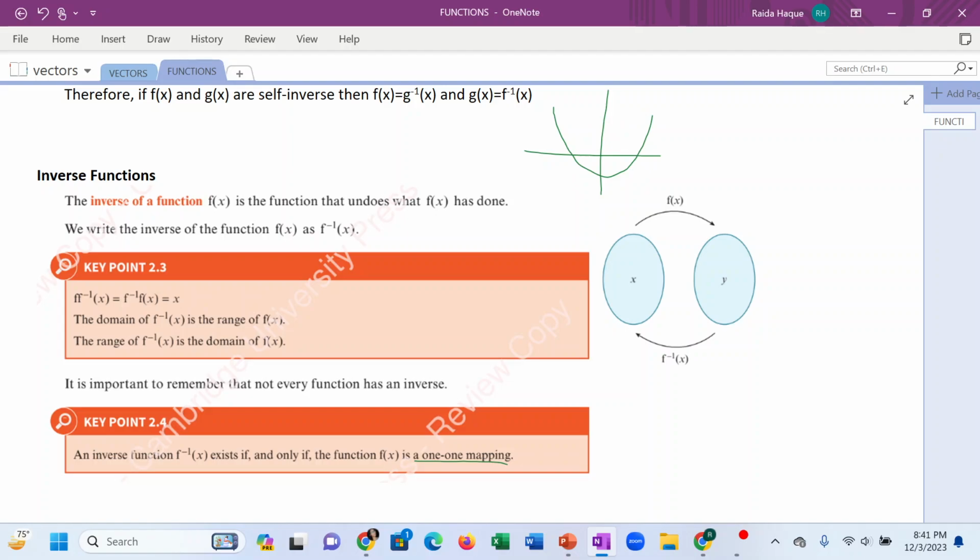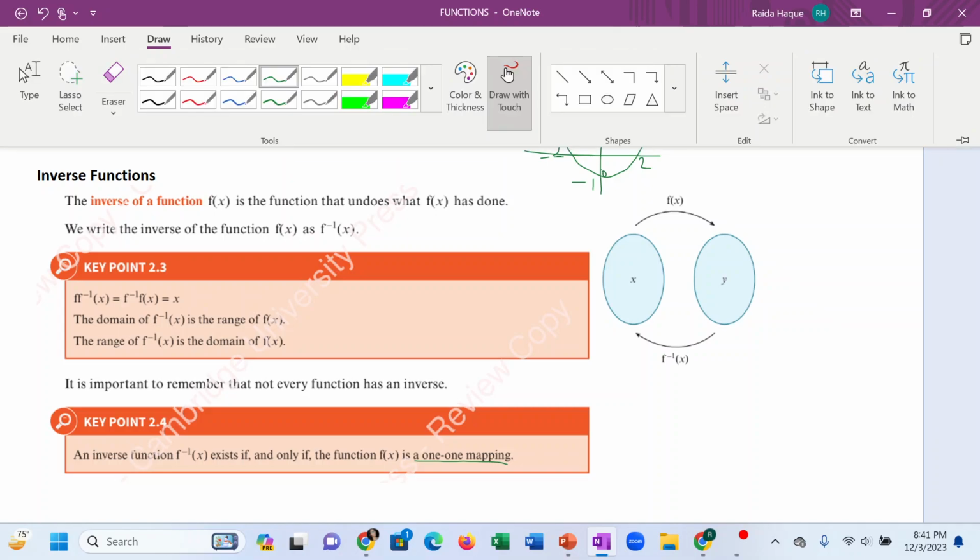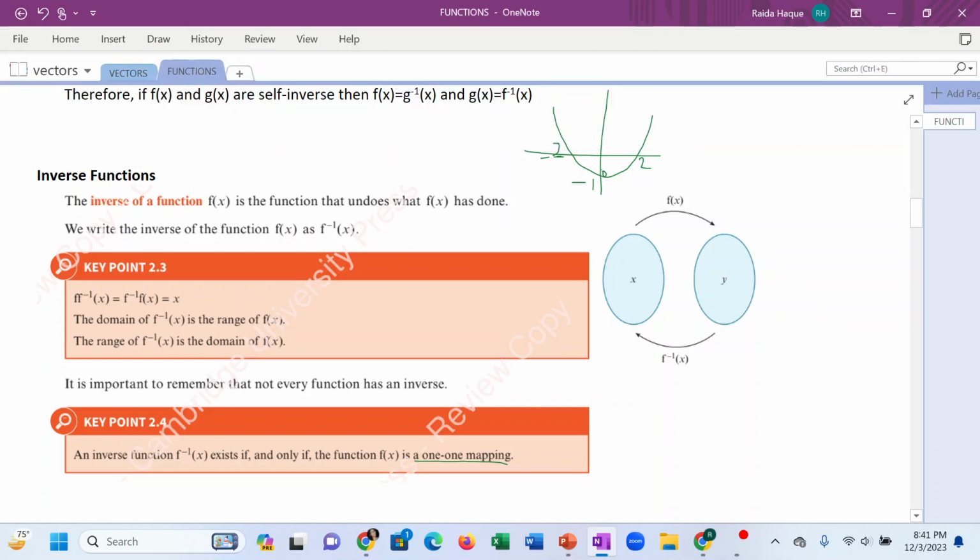So over here, as you can see, let's say this is our turning point on the y-axis. Let's say it is cutting the y-axis at -1. This is 2. This is -2. From 0 to 2, this part over here is a one-to-one function, right?